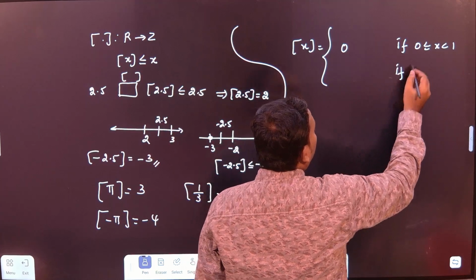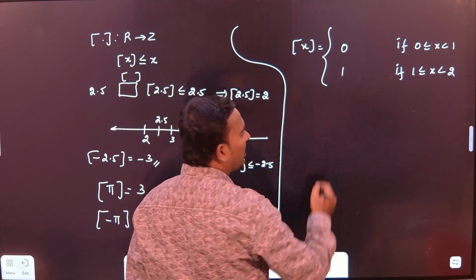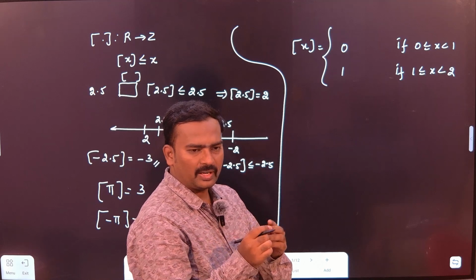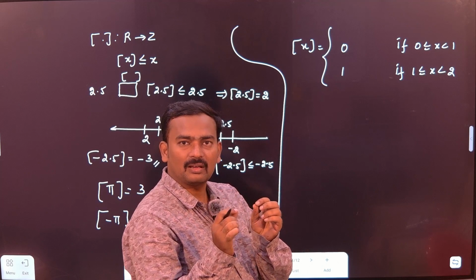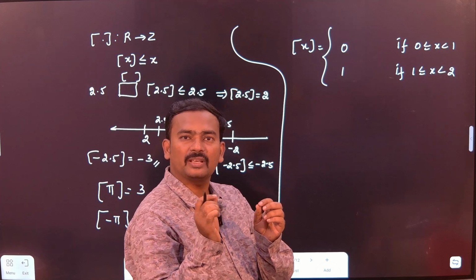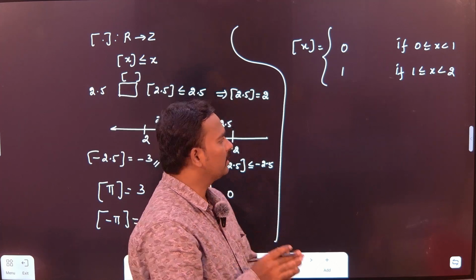Let's take, if I take 1 included, less than 2, it is 1, right? Because from 1 to 2, take 1.5. The greatest integer function is less than or equal to 1.5. 1.5 is not an integer. Which is the greatest integer less than or equal to 1.5? It is 1 only, right?